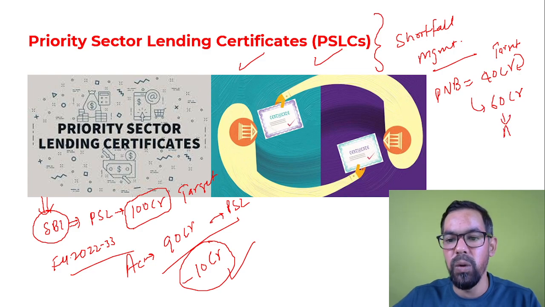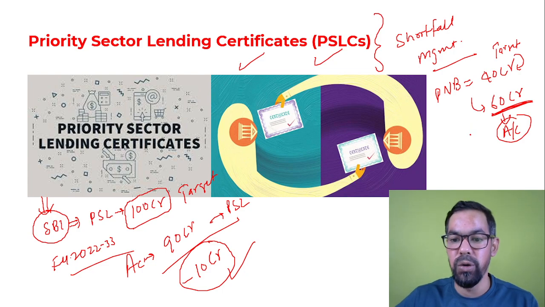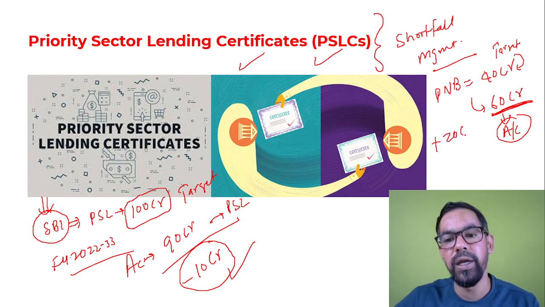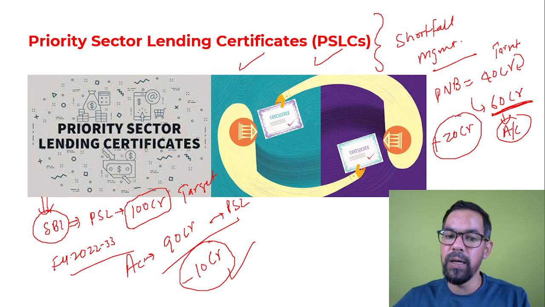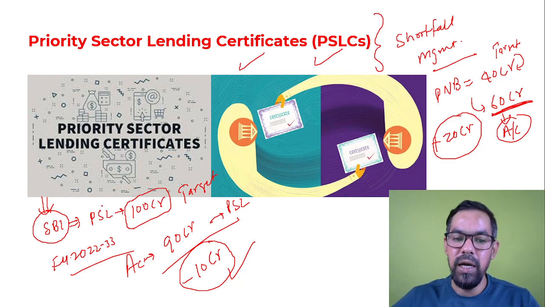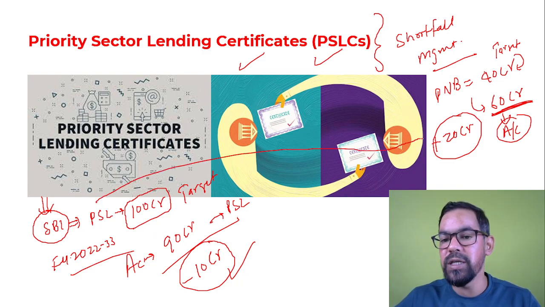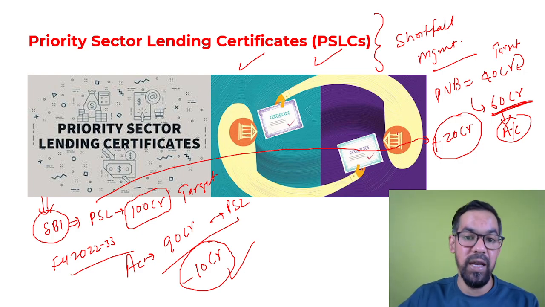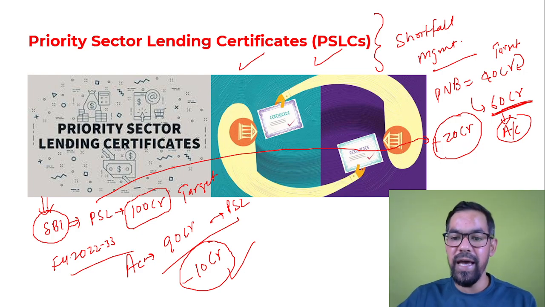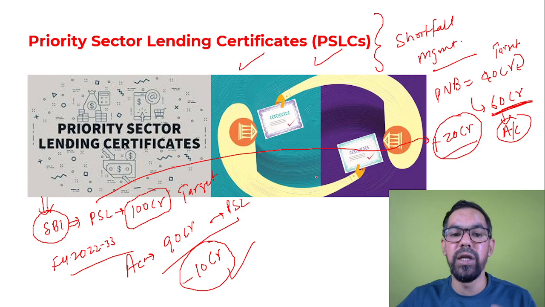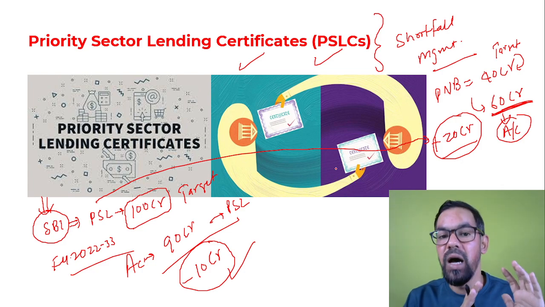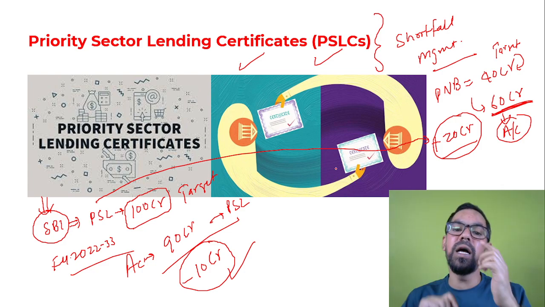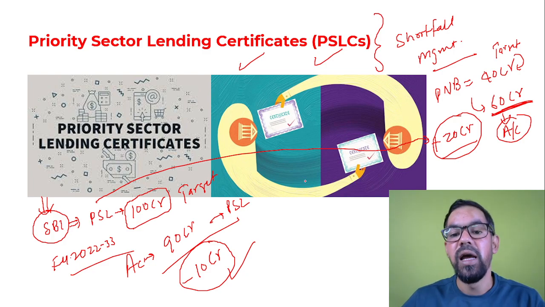Okay, so the actual was 60 crore rupees. So they have a surplus of 20 crore rupees. Now State Bank of India can buy a 10 crore rupees certificate from PNB. So if they have a surplus, they can buy a 10 crore rupees PSL certificate from Punjab National Bank.